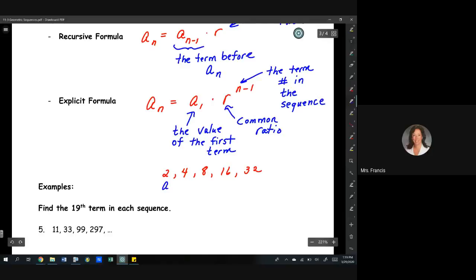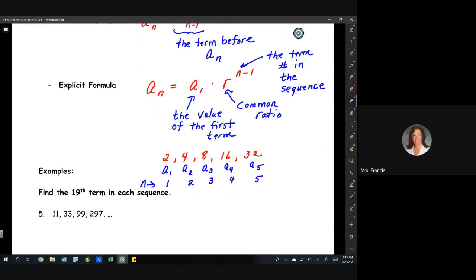The notation for the value of the first term is a sub 1, the value of the second term a sub 2, and so forth. N in this case is 1, 2, 3, 4, and 5, right? So that is what we mean by N. What number term are we in the sequence?